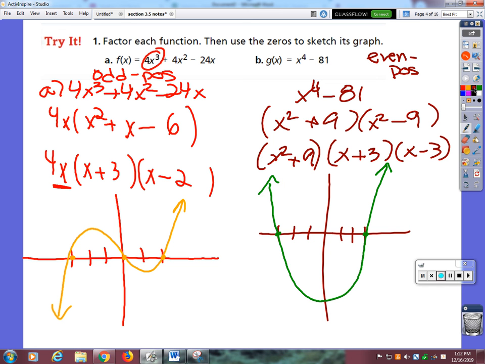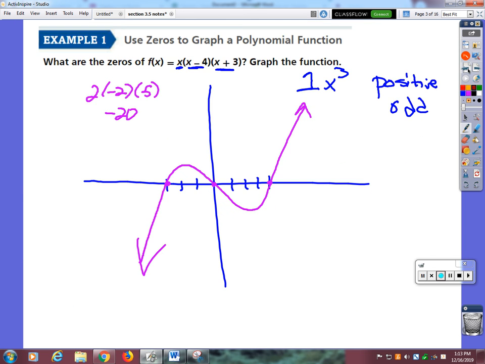So that actually means that this y-intercept way down here is negative 81. If I plug 0 into here, 4 times 0 cubed plus 4 times 0 squared minus 24 times 0 is 0. So that works. And same thing here. If I plug 0 into this, that would be 0. That's negative 4. That's 3. That would also give me 0. So it tends to all equal 0.